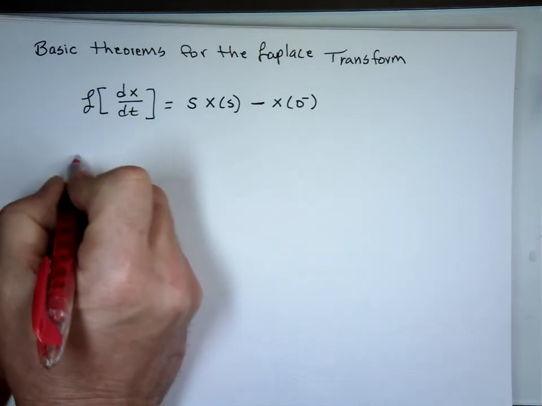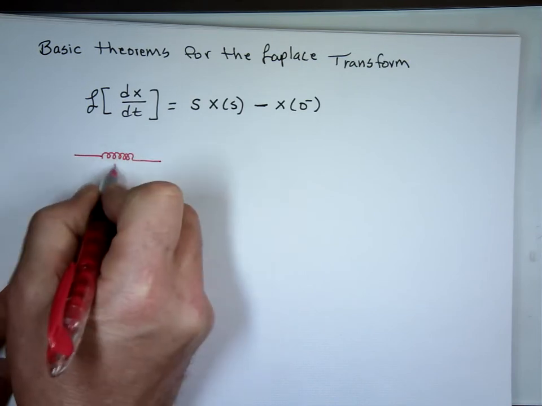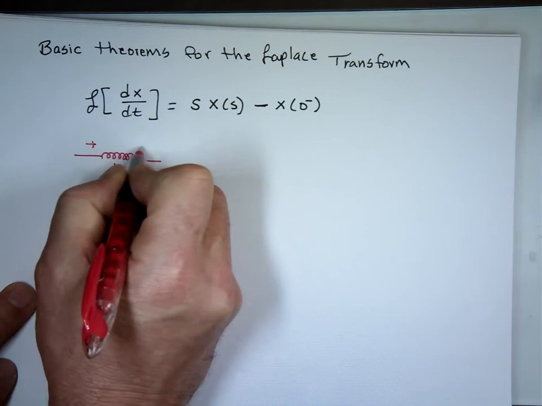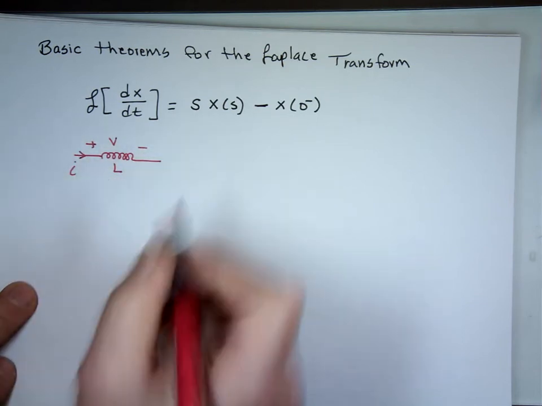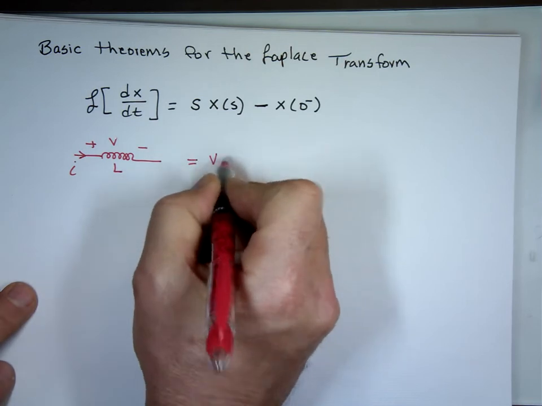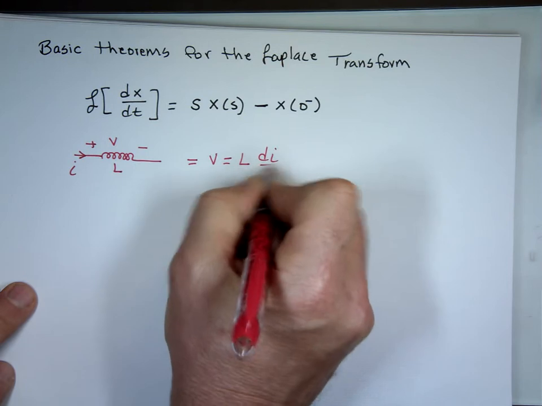when you have an inductor with the value of L and a voltage here, V, and a current going through it, I, we know V equals what? L di dt.